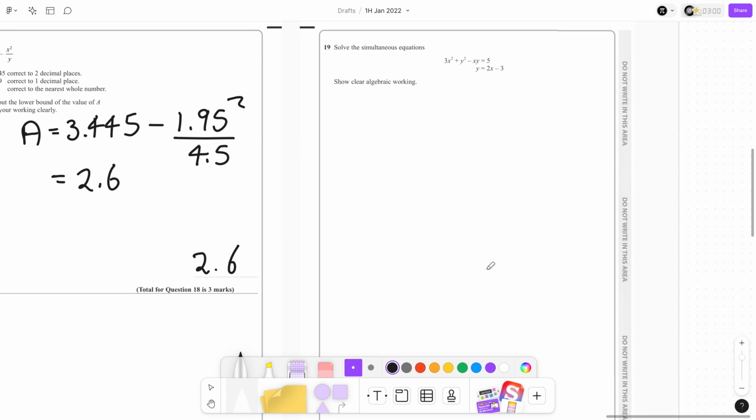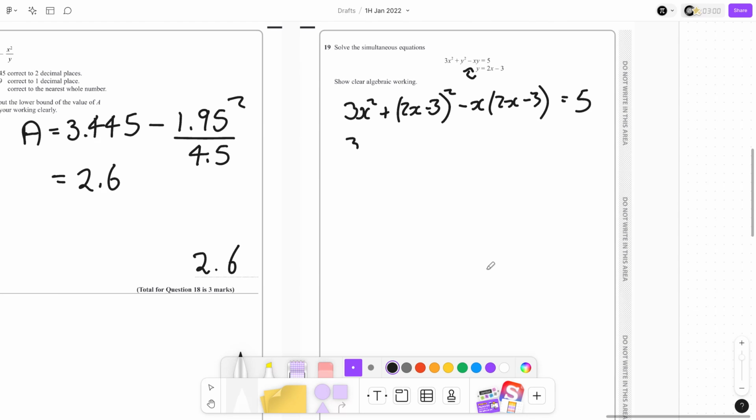Solve the simultaneous equation. So the only way really to do this is by substituting. So we're going to substitute the y into the other equation. So we get 3x squared plus y squared, that's 2x minus 3 squared, minus x, 2x minus 3 equals 5.